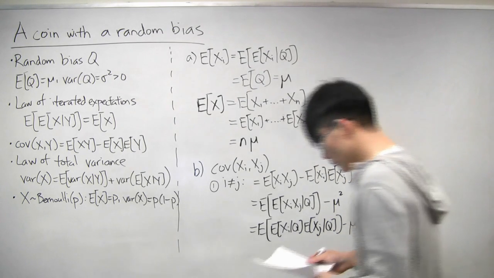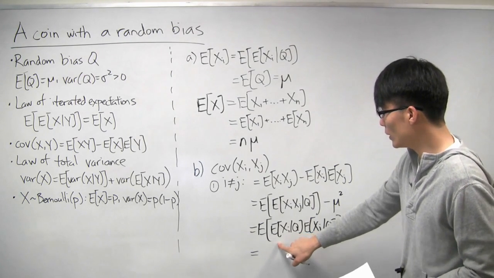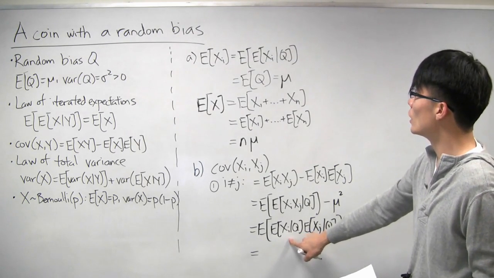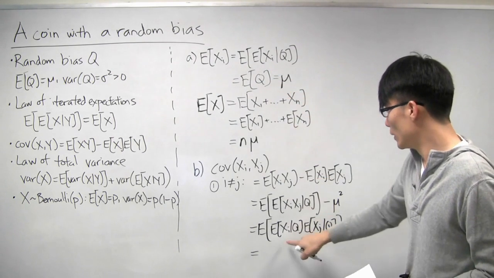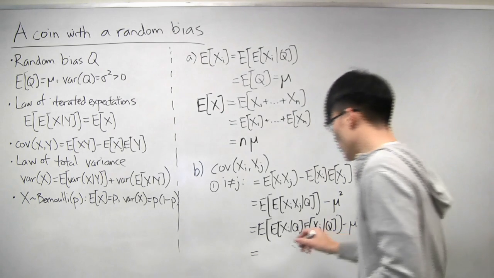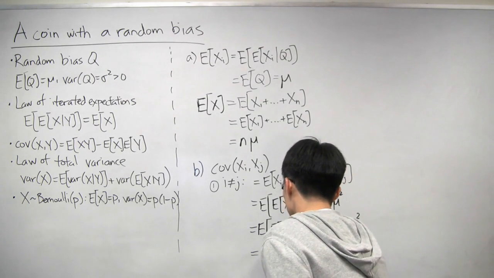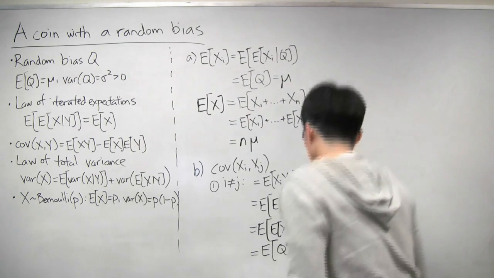Now, what is this? The expectation of xi given q, we already argued earlier that that should just be q. And the same thing for xj, that should also be q. So this is just expectation of q squared minus mu squared.